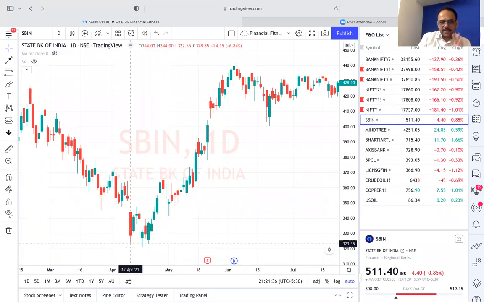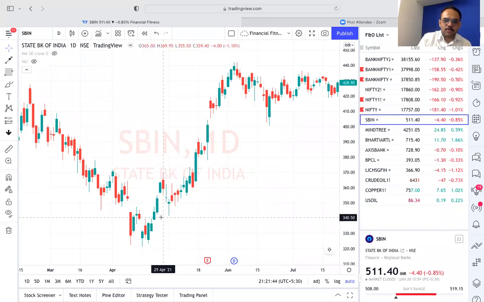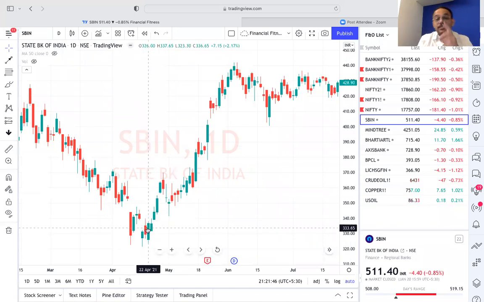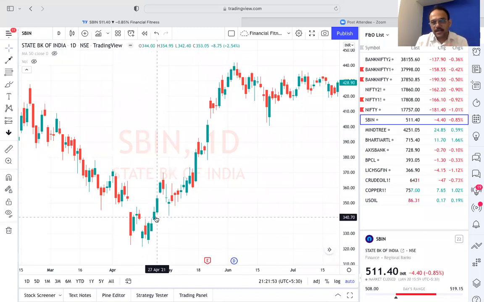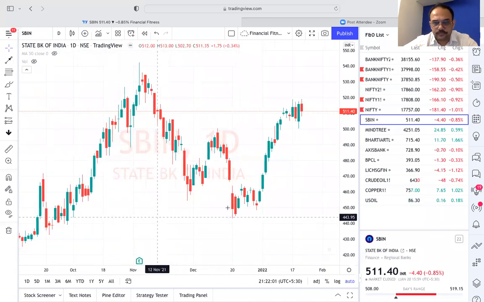Even if the body is engulfed by the green body, this is bullish engulfing. You can take a trade above the high of these two candles. Don't take the high of the green candle alone, take the high of both. Maybe you didn't take a trade here, on the third day you take a trade, hold it for 5 to 10% and exit. You'll find this repeating again and again.